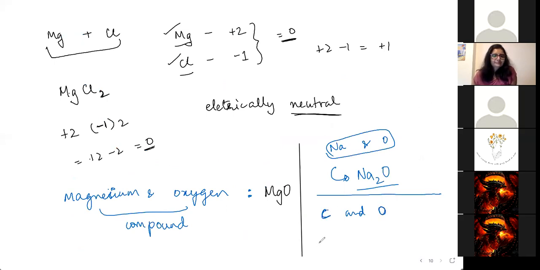CO. CO is one of the compounds, but... So, Sujal got it, yes. Samriddhi got it, yes. Let Suhani, Ashka, and Aryan also answer.